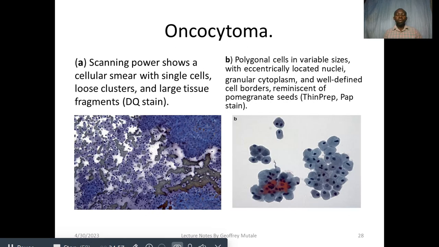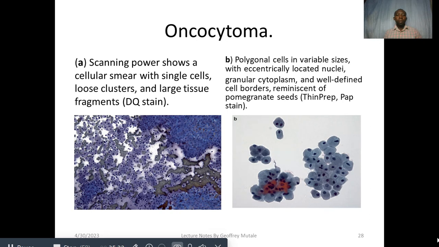So we have images here illustrating to us how oncocytoma may be identified on a slide. And in B, we see an image under scanning power which shows the cellular smear with single cells, loose clusters, and large tissue fragments under deep quick staining. So we can appreciate the arrangement of these cells, how they are appearing, and these are actually representative of an oncocytoma.